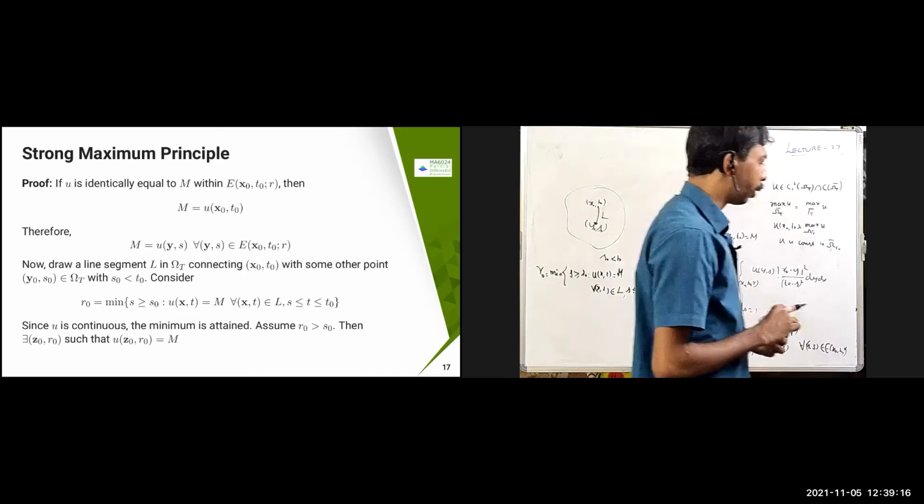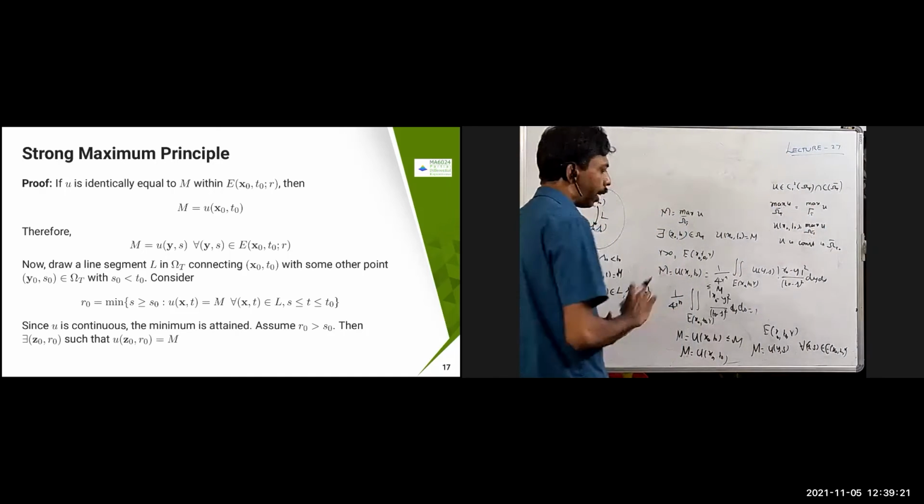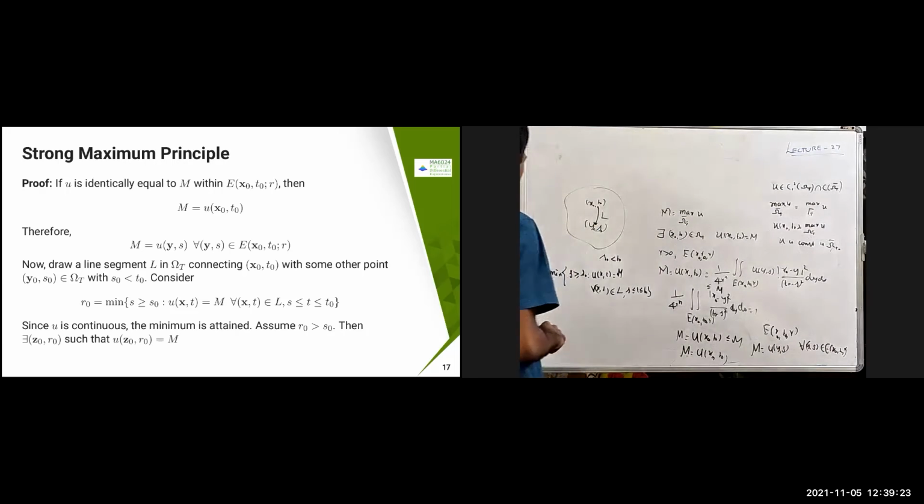Now u is continuous. Since u is continuous, this minimum is going to be obtained. That is guaranteed. So since s is greater than or equal to s0, we can get that r0 is greater than or equal to s0.